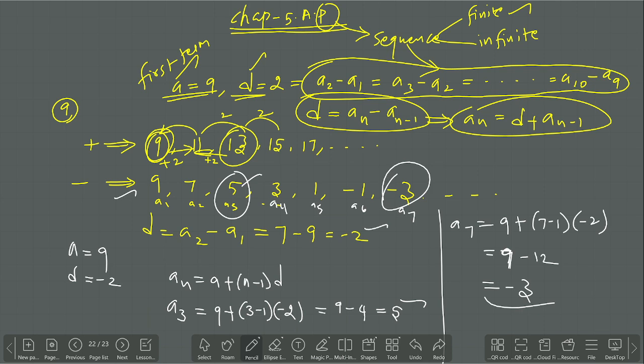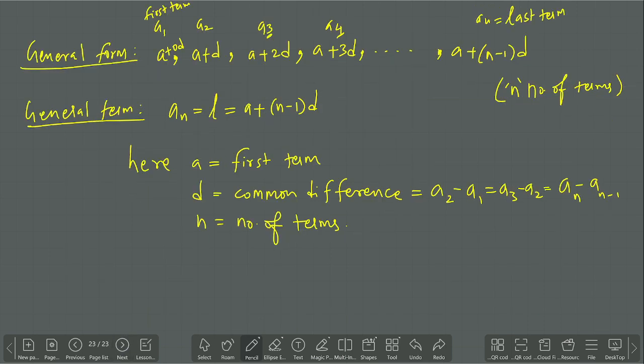So, this is the formula we made now: the general term formula. What is the general form? A comma. You need not say A plus 0D; you just say A, enough.